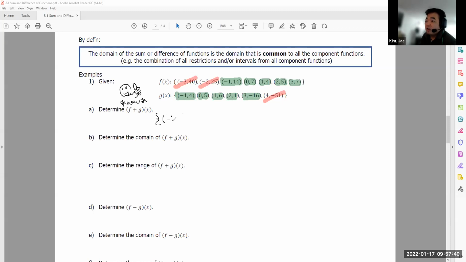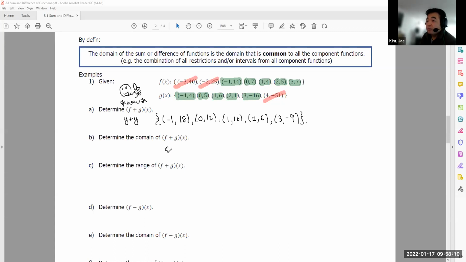The x values aren't adding. Remember, it's like y plus y, we're adding the y values. So at -1, 14 plus 4, that's an 18. 7 plus 5, that's a 12. 4 plus 6, that's a 10. 5 plus 1, that's a 6. And 7 plus -16, that's a -9.